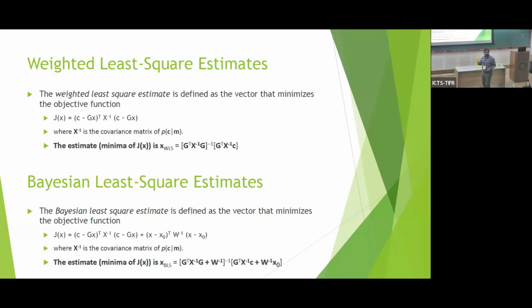To make the error unidirectional, you square it. Otherwise, the error will be positive and negative. So this is a squared error, we call it the cost function, and there is a weight matrix. If the probability of the observation is 1, you can put it equal to an identity matrix, but as long as that probability is not 1, you can put a weight matrix. We call it the variance covariance matrix.